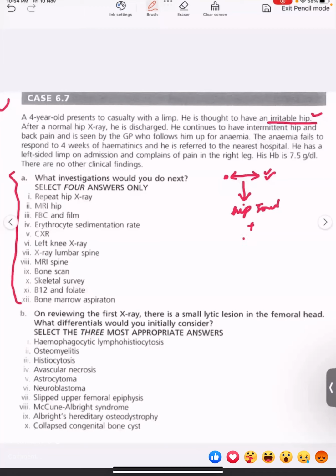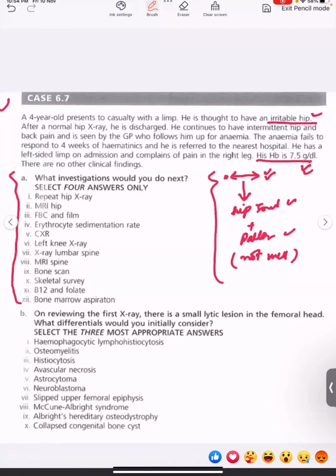Okay, with pallor. One feature, two features, and he is also anemic, right? What is the other feature? The child is not well. So what is my suspicion here?